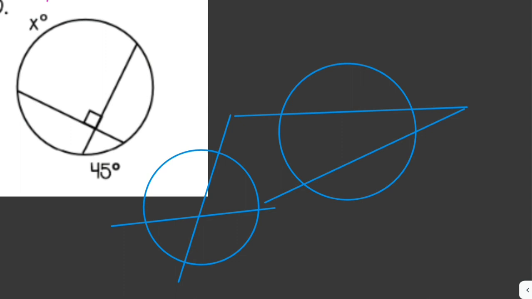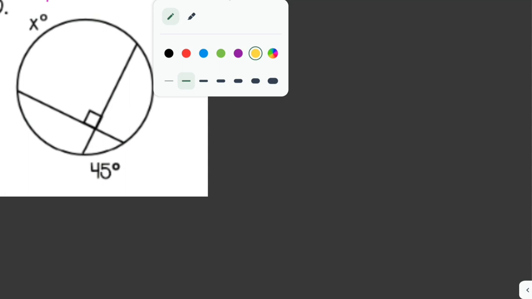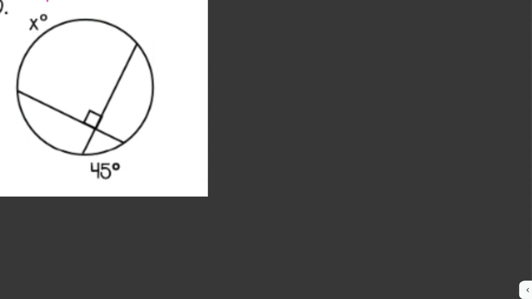Okay, let's try solving some sample problems here. We're given this circle with two secants intersecting inside the circle.